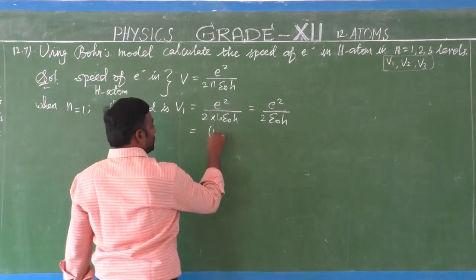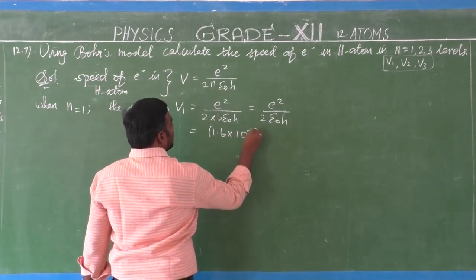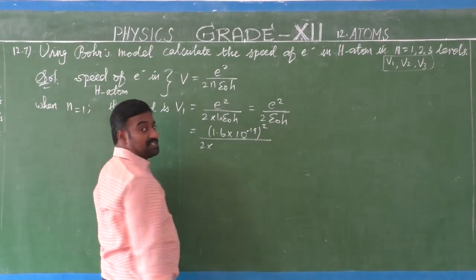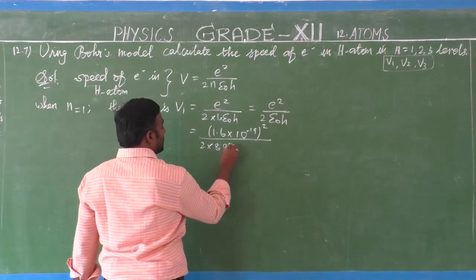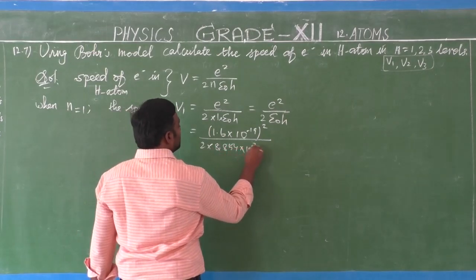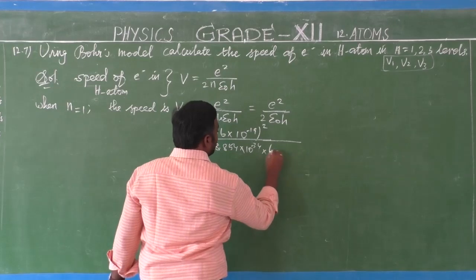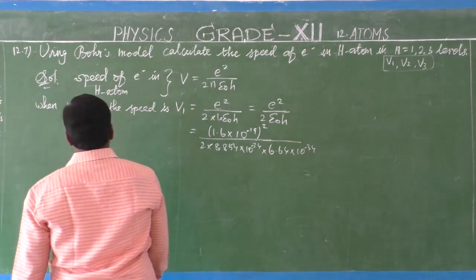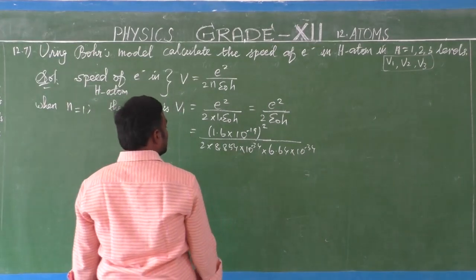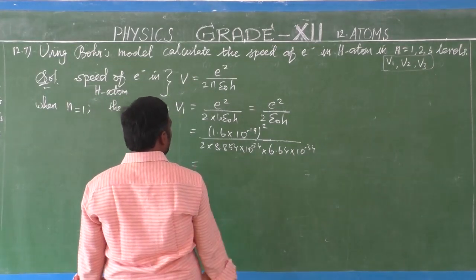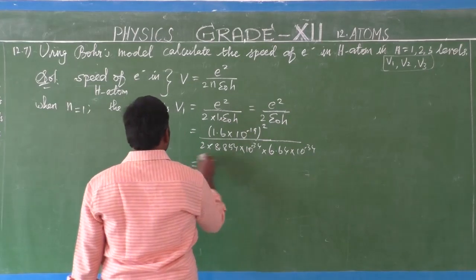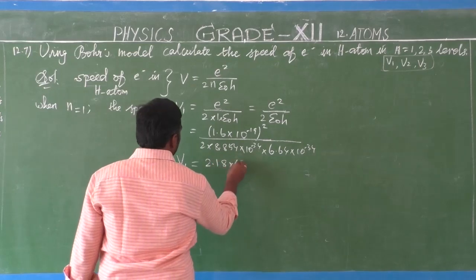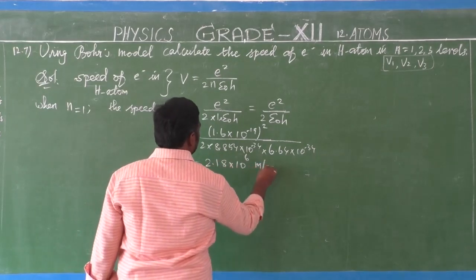The electron charge is 1.6 into 10 to the power minus 19, the whole square, divided by 2 into the permittivity of free space, 8.854 into 10 to the power minus 12, into Planck's constant value, 6.64 into 10 to the power minus 34. After rearranging all the values, the final velocity in the first level is 2.18 into 10 to the power 6 meter per second.